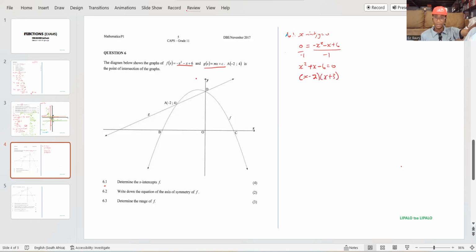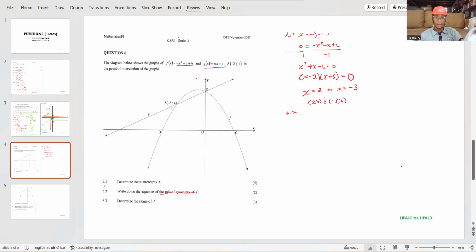The sign of the middle term gets the bigger side. You know what I mean. X is equal to a positive 2 or x is equal to negative 3. So the intercepts are 2 and 0, and negative 3 and 0.